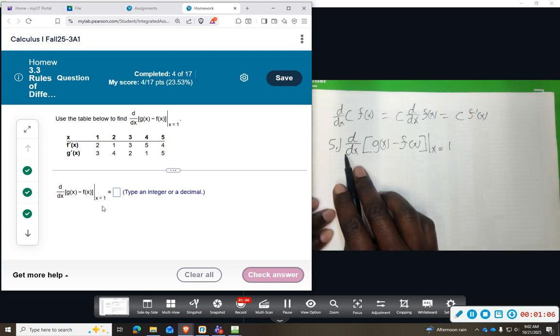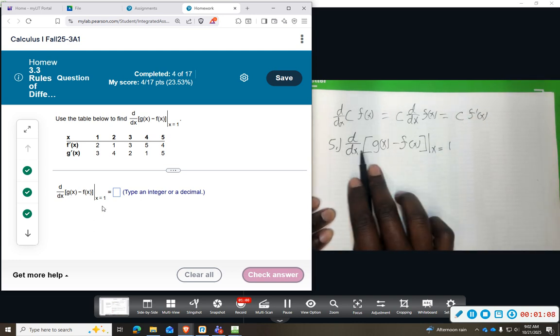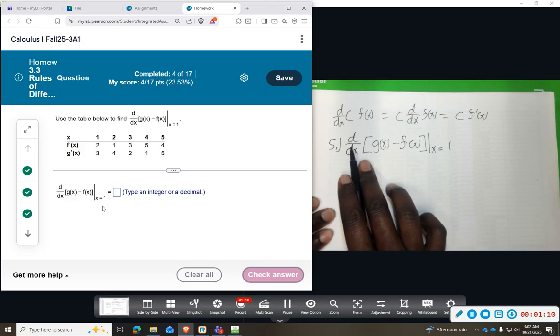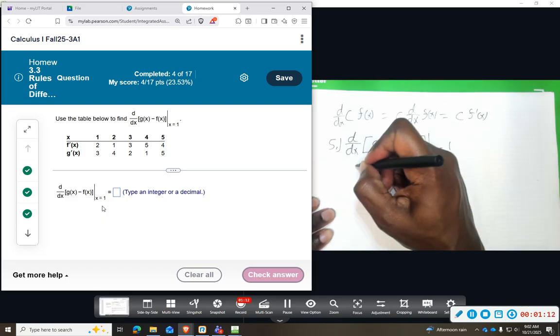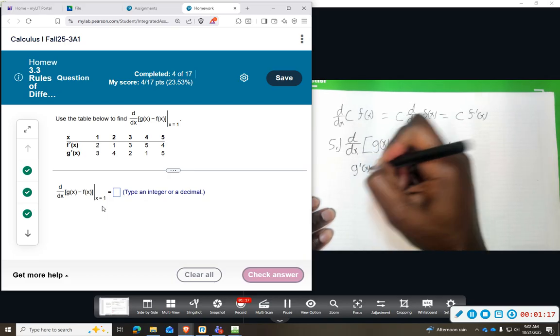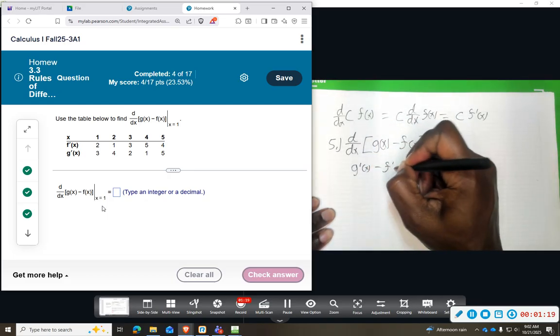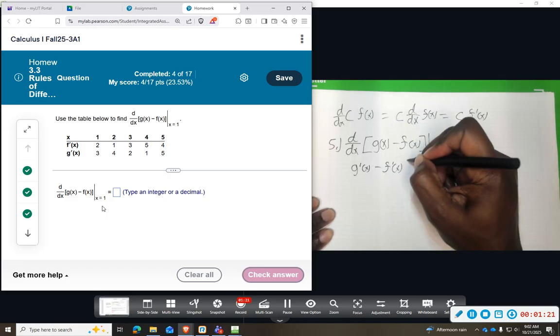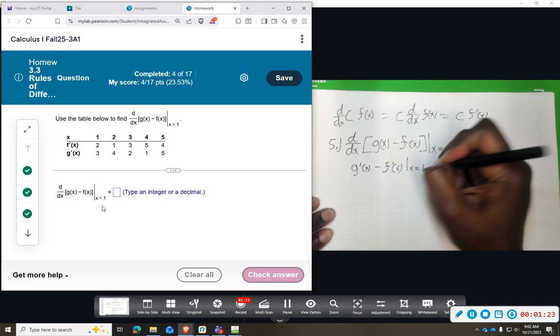Okay, so one of the rules is the derivative of a difference is the difference of the derivatives. So when we distribute this, we'll get g prime of x minus f prime of x. And again, we're going to evaluate this when x equals 1.